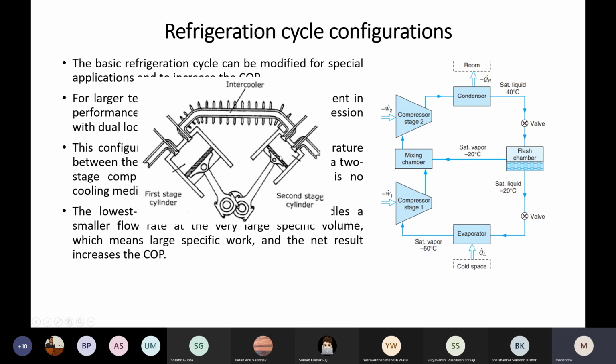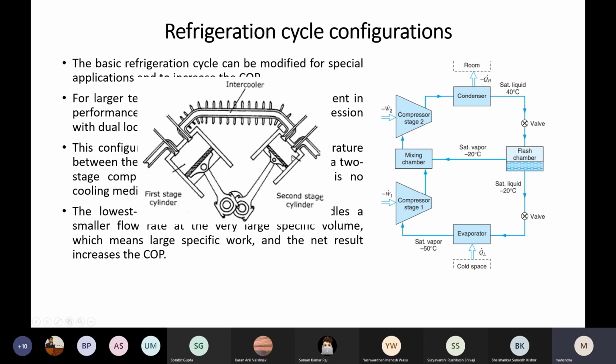And here, one more thing. Why is this cylinder big and this cylinder small? When you are sucking a certain amount of mass or quantity at atmospheric pressure, that is some X, you are compressing to 6 bar, and that volume is reduced. That reduced volume is coming over here.